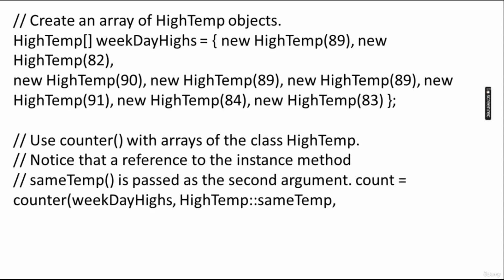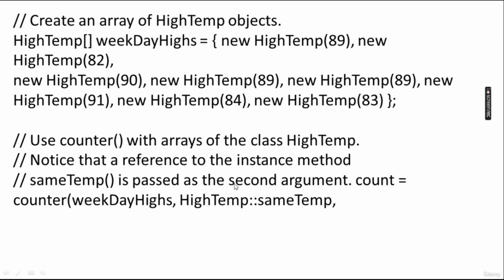Okay. New HighTemp(89), new HighTemp(82), 90, 89, 89, 91, 82 and 83. Use counter with arrays of the class HighTemp.